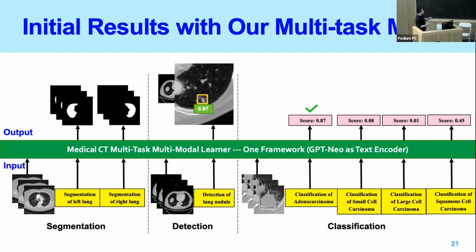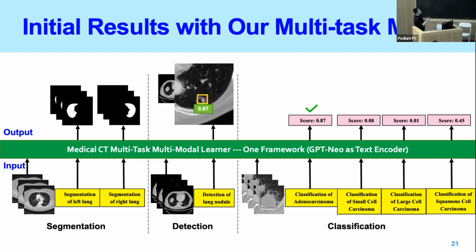And apart from inputting the full resolution 3D images, we can also input a small ROI, and then we can input, for example, classification of different types of lung cancers. Then the model will output the corresponding scores.